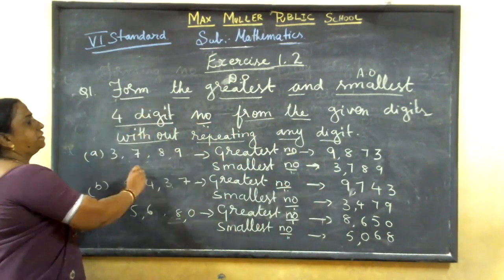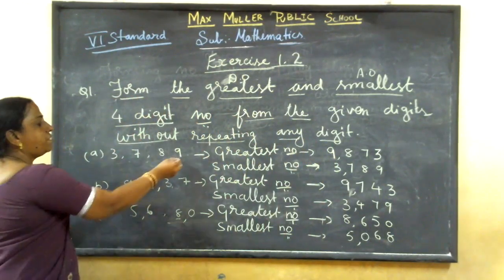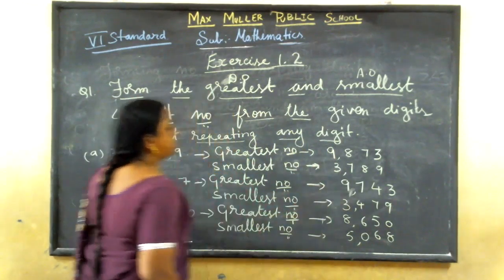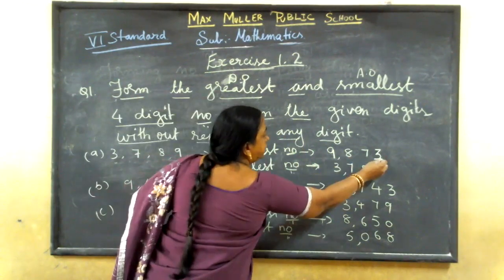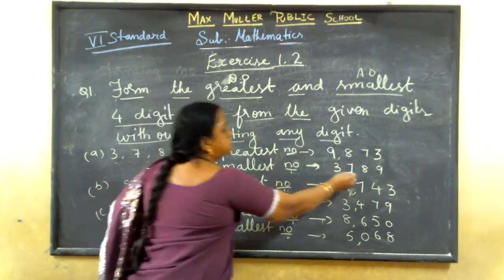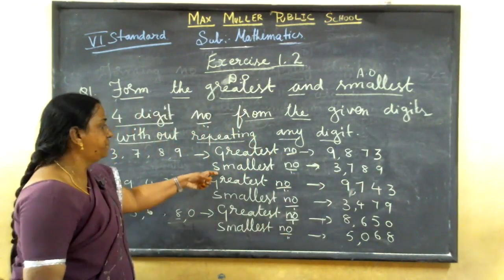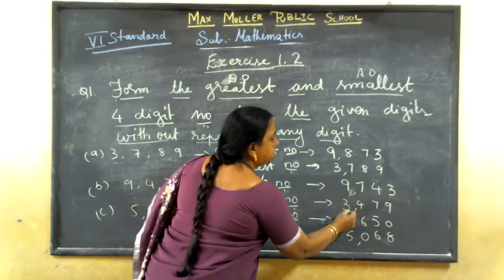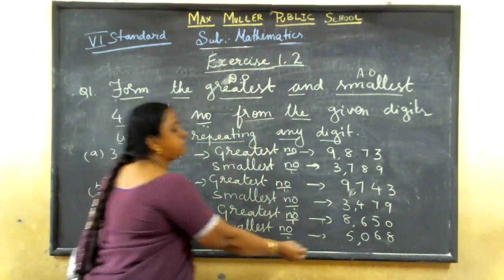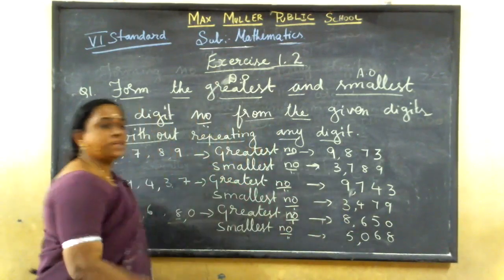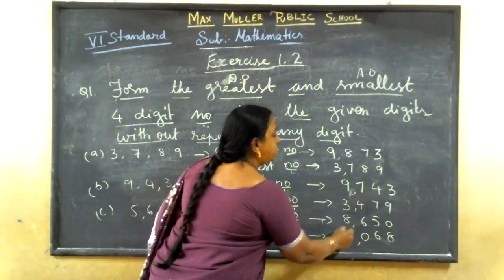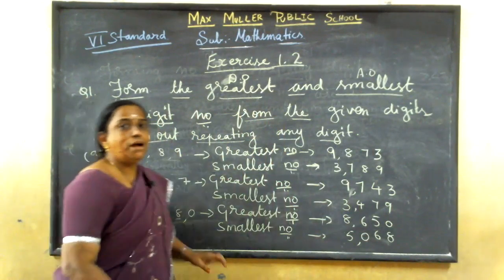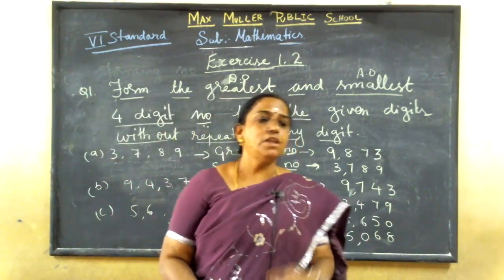So here we formed the greatest and smallest 4-digit numbers without repeating. 9,873 is the greatest number, 3,789 is the smallest number. Here the greatest number 9,743, smallest number 3,478. If 0 comes in the highest place, don't place 0 there. Take the next number, then add 0. Clear? Now the first question is over. Still many questions are there. I'll continue in the next class, children. Have a nice day. Thank you.